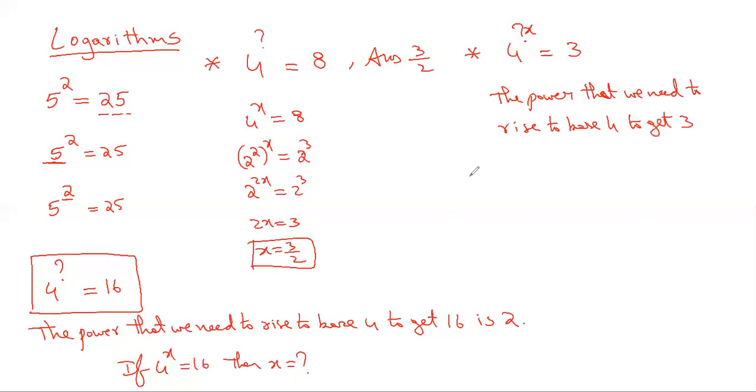That's what we call that power. So instead of giving it every time like this, x is named as logarithm of 3 base 4. So instead of using this long sentence, always it's like that.